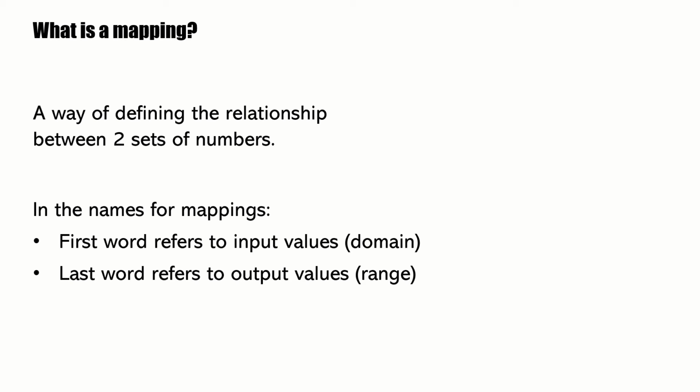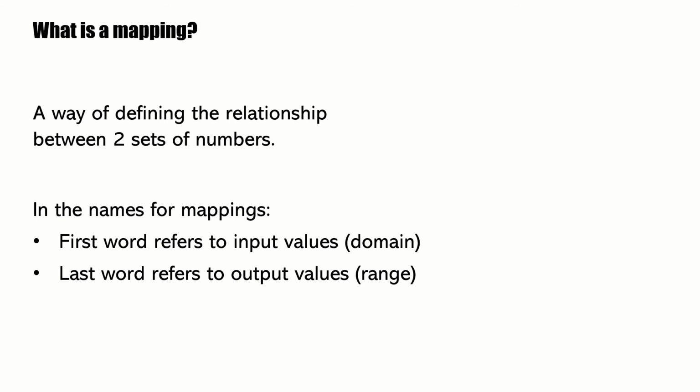The last word in the name of a mapping refers to the output values of that function. That's more properly called the range, and for simple purposes we can look at that as being the y values.